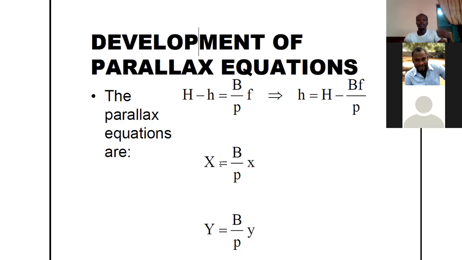Times the photo coordinate x. So capital X equal to Bx over p. Put that in your head.